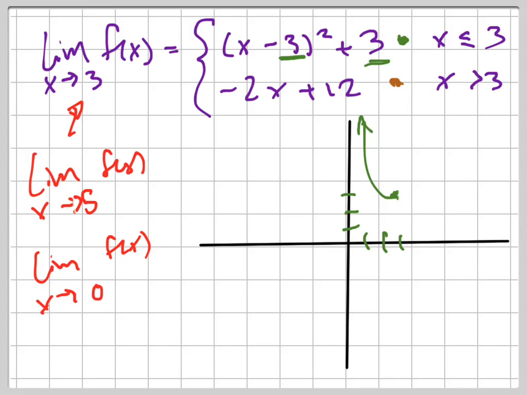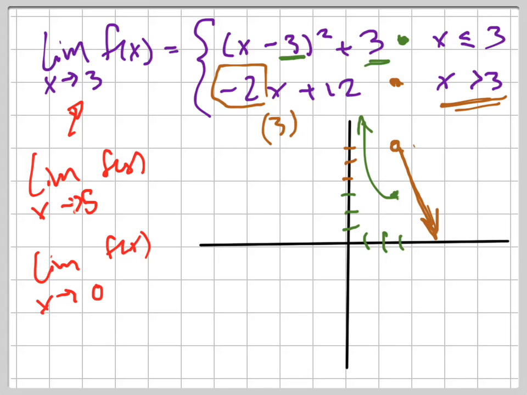Let's plug in 3. I always like to plug in that value to see the starting point. That's negative 6 plus 12, which is positive 6. So it's up there at positive 6, and the slope is negative 2, so it's going to go down 2 over 1 to the right. That's roughly the graph.